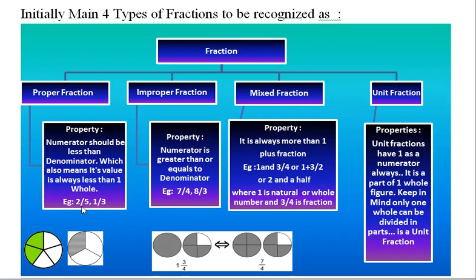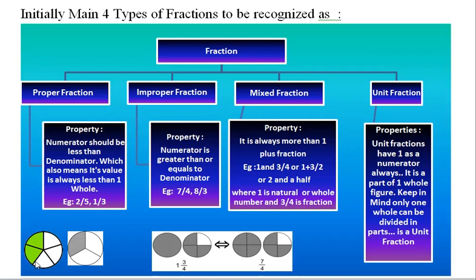So the circle is a 1 whole object. It is divided into how many parts? 1, 2, 3, 4, 5. So out of these 5 equal divisions, we have used 2 equal parts, right? So this is less than 1. The value of this fraction is less than 1.